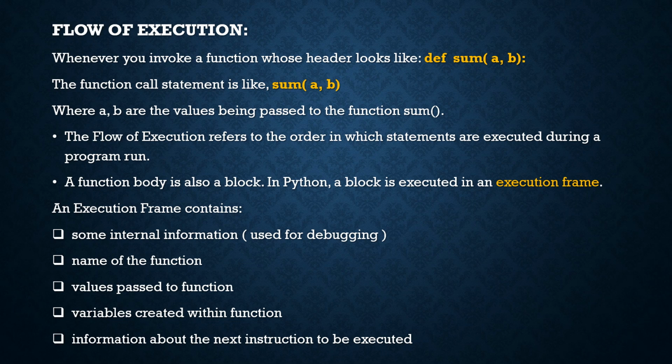The flow of execution refers to the order in which the statements are executed during a program run. A function body is also a block. In Python, a block is executed in an execution frame.